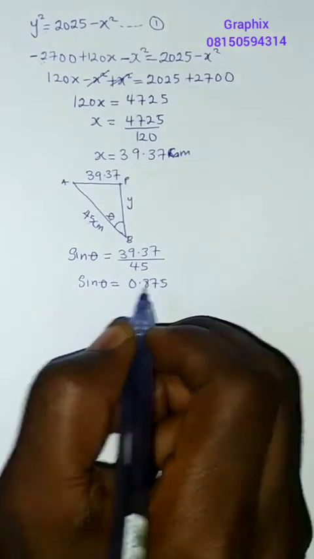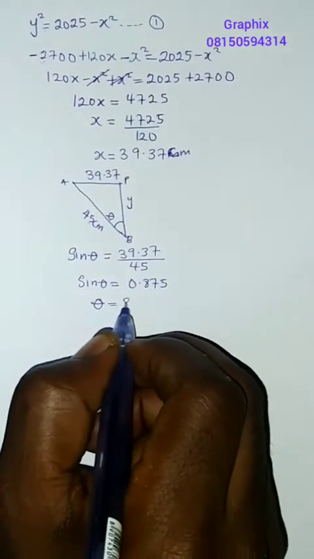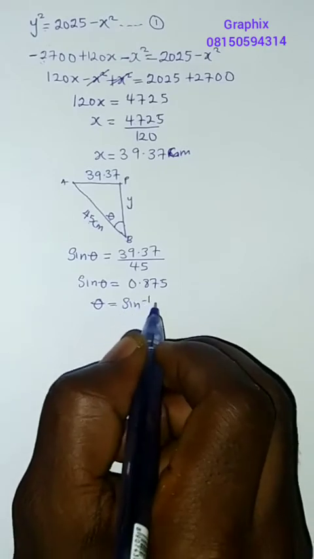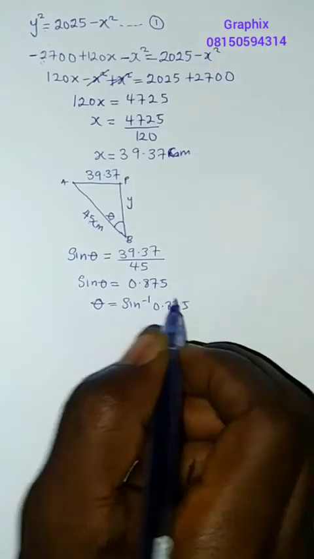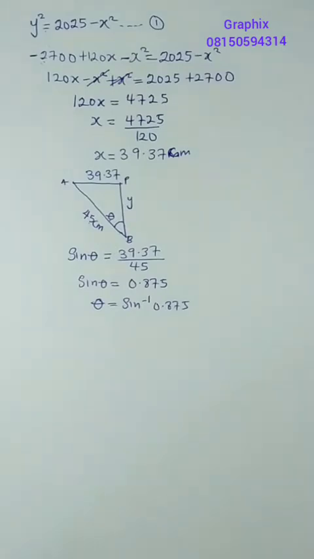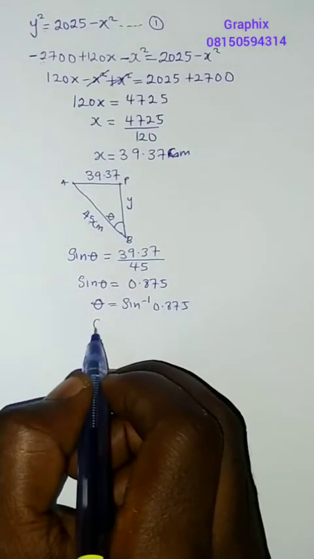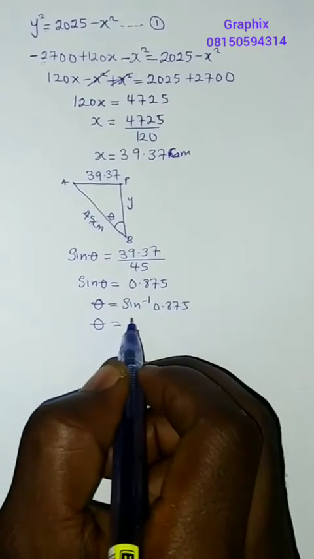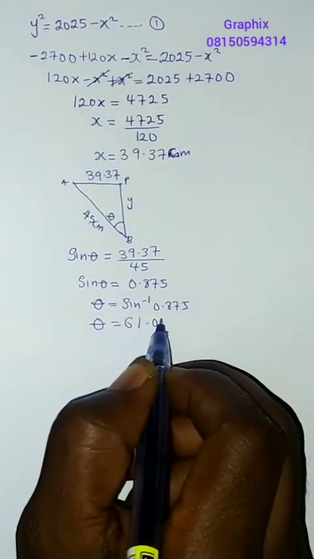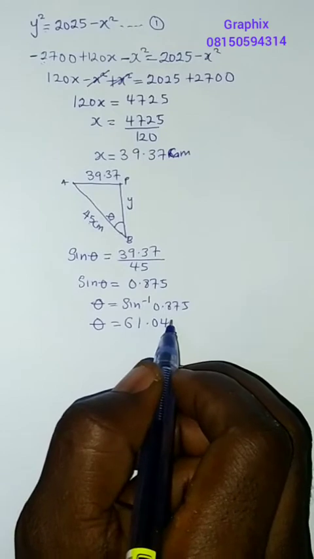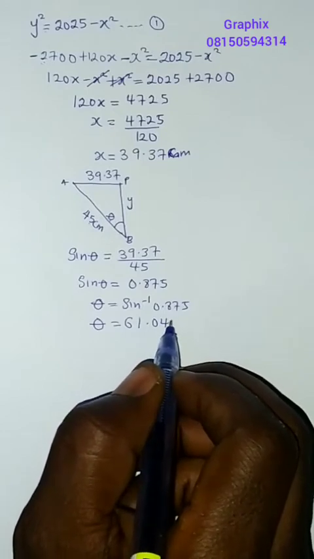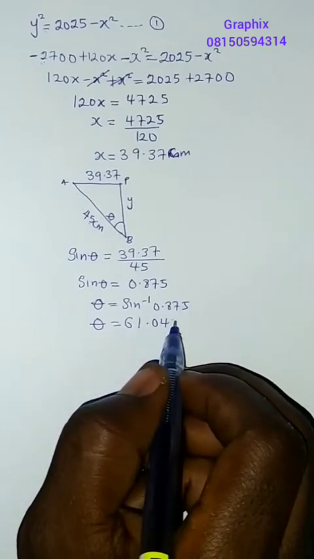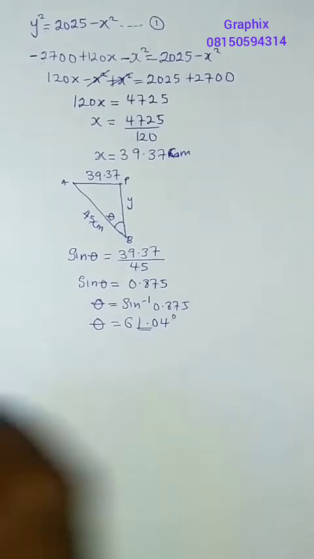So theta will now give me sine inverse 0.875. If you press shift, sine inverse 0.875, it will give you 61.04 degree. That is my theta there.